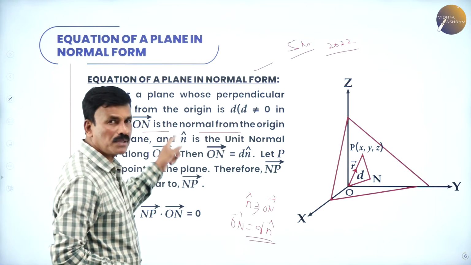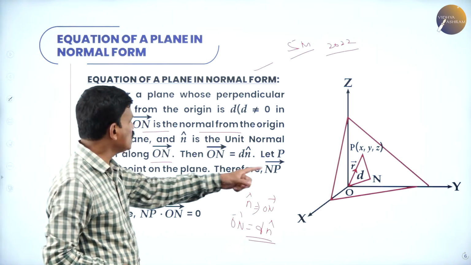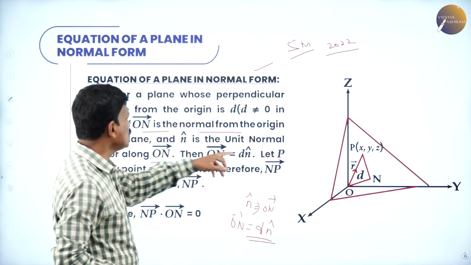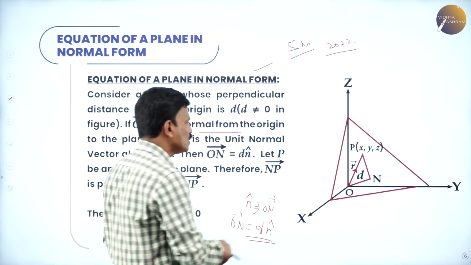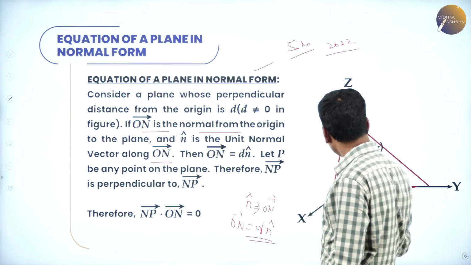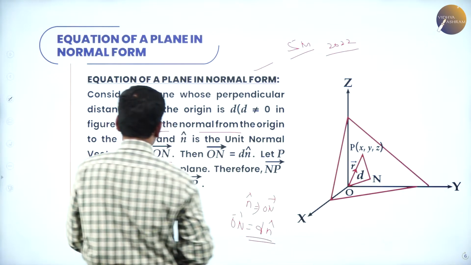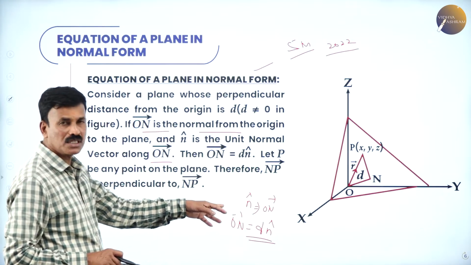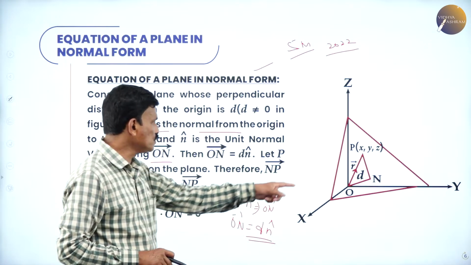Consider a plane whose perpendicular distance from the origin is d. ON is the normal from the origin to the plane, and n cap is a unit normal vector along ON. Therefore ON is equal to d n cap.